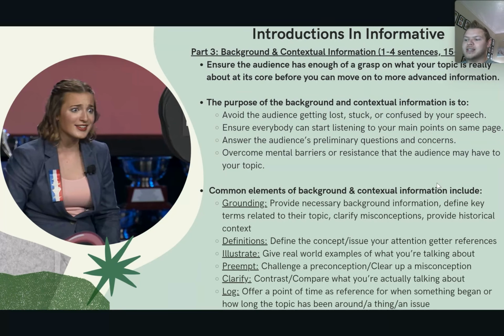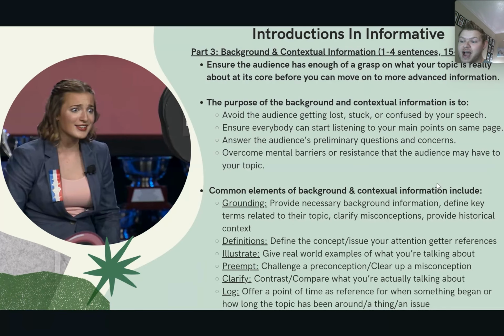So some common ways that we establish this, or some things that you might often see done for background and context in the introduction: grounding, where you provide necessary background information, define key terms related to the topic, you clarify misconceptions, you provide historical context, maybe you give a definition of the concept or the issue that your attention getter is referencing, you illustrate by giving real world examples of what you're talking about, you preempt or challenge a preconception, clear up a misconception, or dismiss a myth by kind of telling us what it actually is.